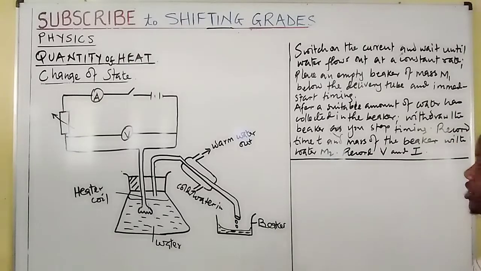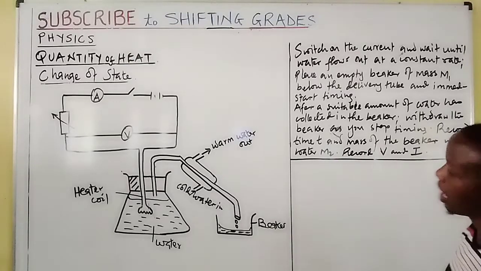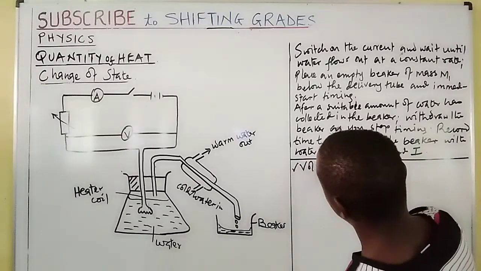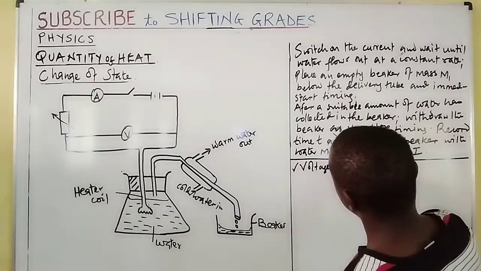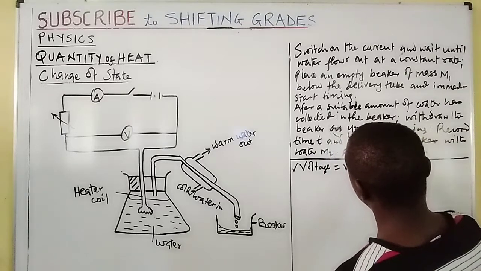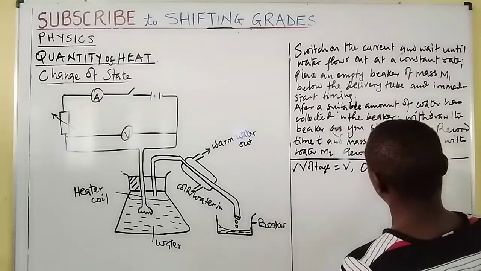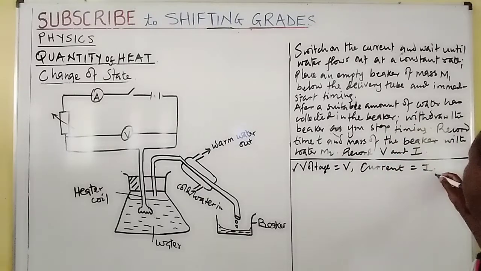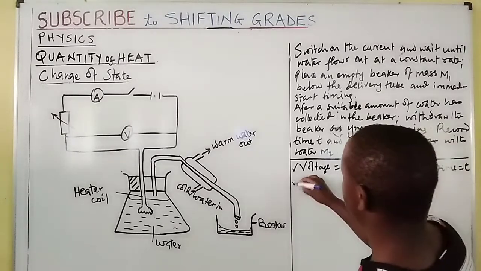They are very important. Therefore, now to analyze the results, we say that voltage is equal to V and current is equal to I, the current which was being supplied in time t seconds.